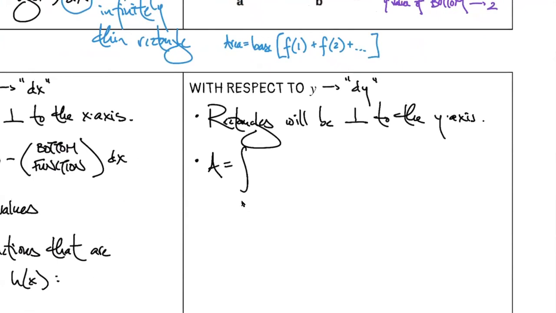A and B we typically reserve for x values, and then with no reason other than C and D come after A and B, we usually call the bounds of something with respect to y, C and D. And instead of having a top function minus the bottom function, we actually have a right function minus the left function.